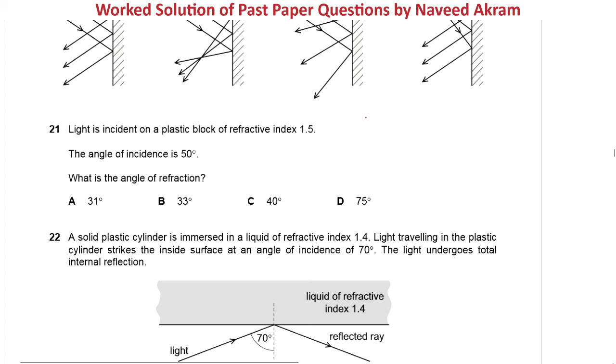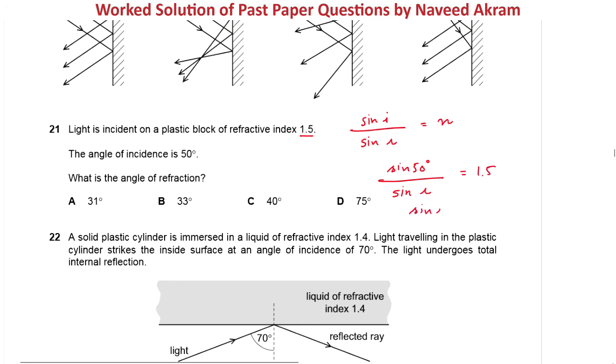Okay, so sine of I divided by sine of R would be equal to the refractive index of plastic. Angle of incidence is given as 50 degree, so sine of 50 degree divided by sine of R is equal to 1.5.